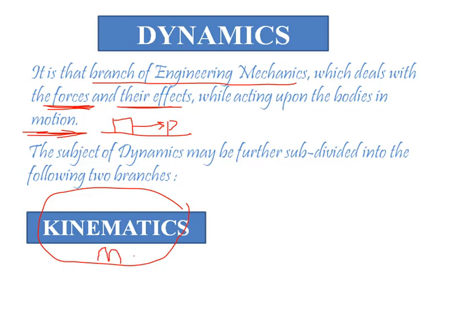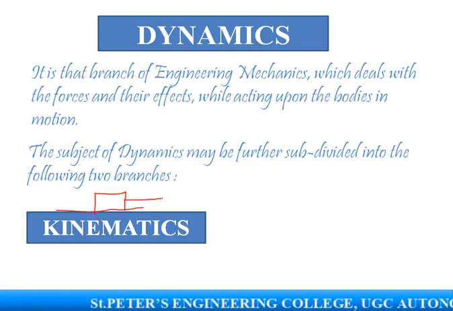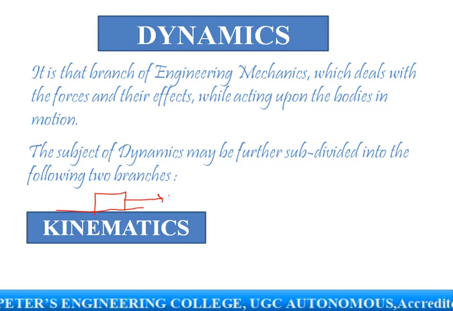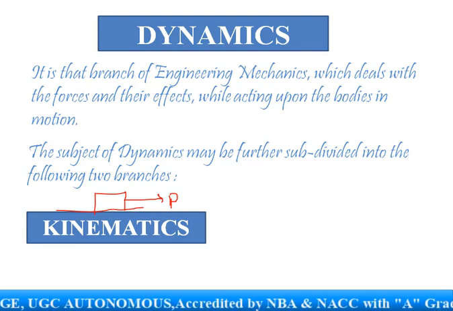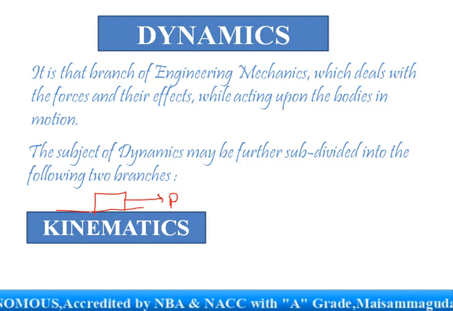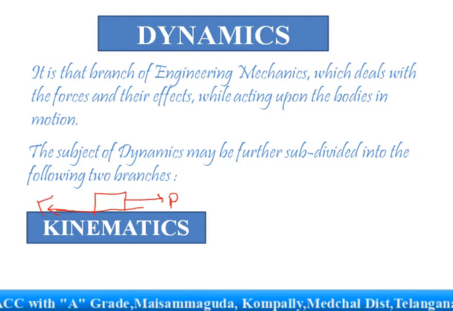For example, take a body on a horizontal plane, and now if you are trying to pull this, just consider one block on a horizontal plane, and you make some effort on it to move the body. While it is moving towards the force, there is a friction opposite to the particular force, which is like F, right?